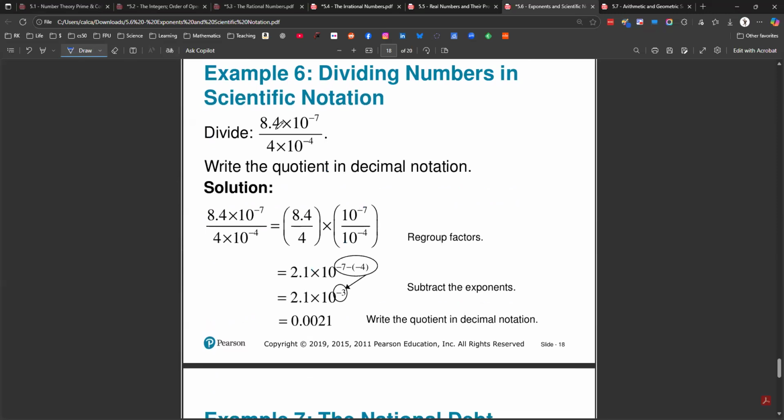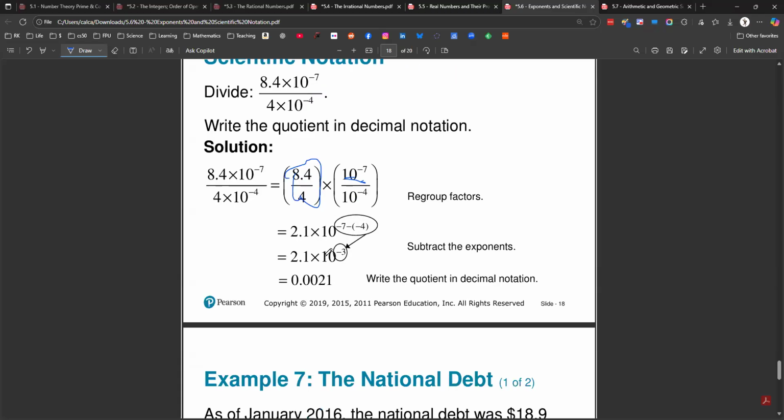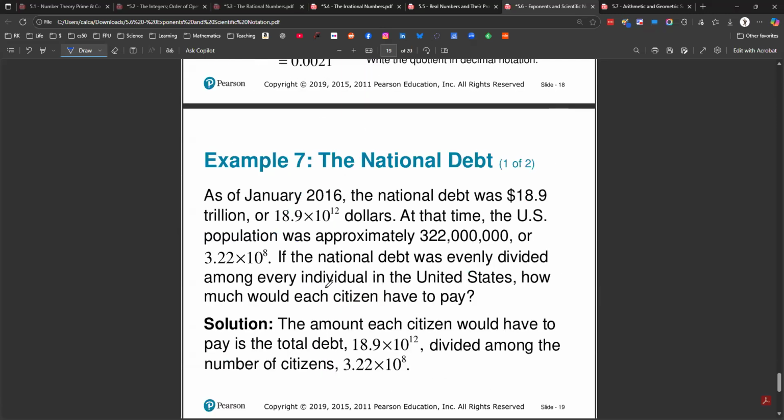We have 8.4 times 10 to the -7th divided by 4 times 10 to the -4th. So here we're dividing the values, and then here we're going to subtract -4 from -7. We get 2.1 times 10 to the -3rd. And so if we move the decimal by the exponent, we would move it 3 to the left. And this will become 0.0021.